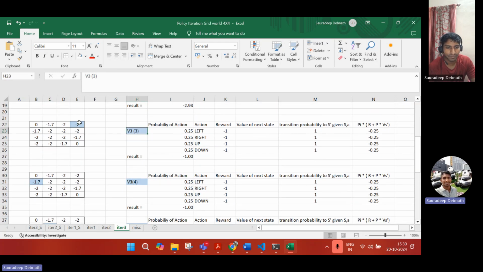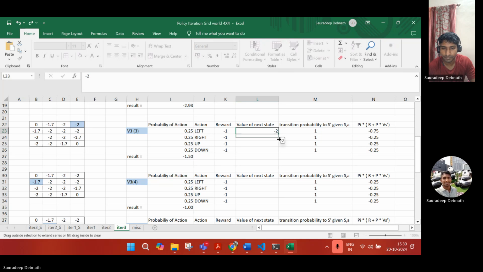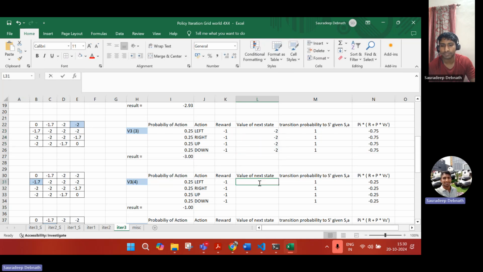I'm at cell 3. What happens here? If I go left, -2, go right, -2. If I try to go up, I'll stay here, so -2. If I try to go down, there is nothing below, so I'll stay at -2. It's all -2 for this case. Now for V4, the third iteration for cell 4, if I go up, what would happen?